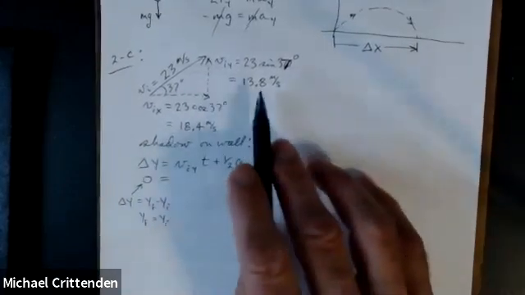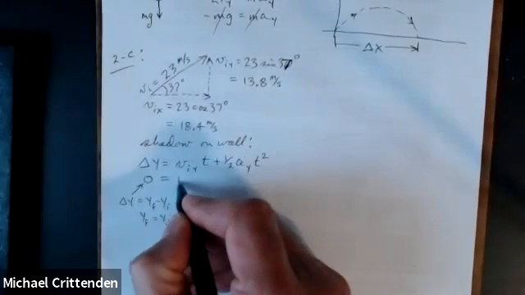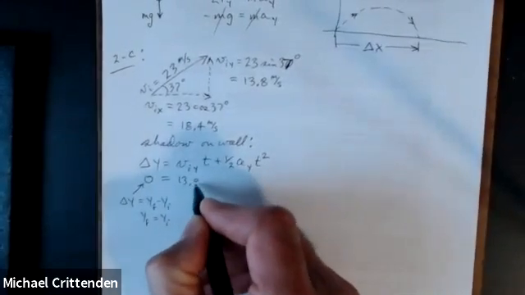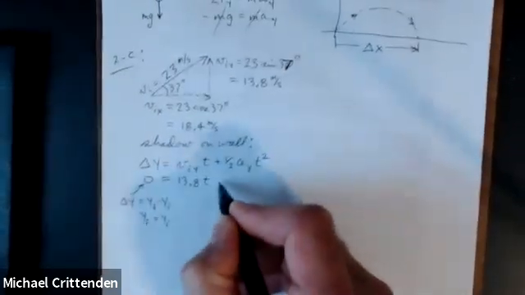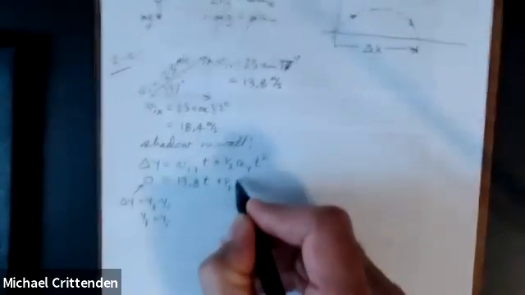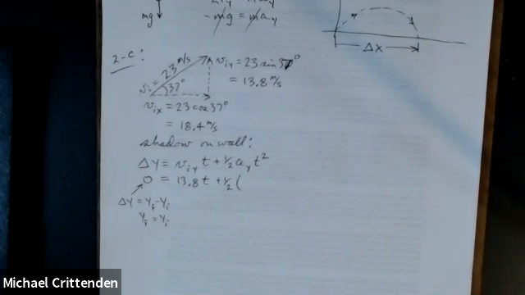Initial velocity in the y direction, 13.8 times the t. As for the acceleration, all freely falling objects, whether they're going up, down, or sideways, or anywhere in between, have an acceleration of 9.8 meters per second squared straight down.